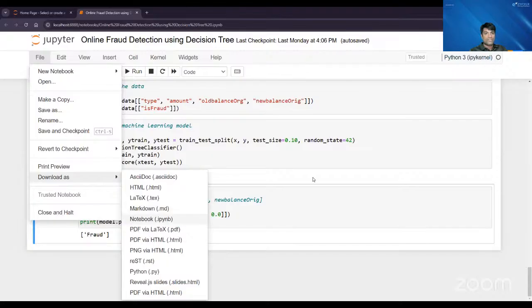Let me download this file and share it with you guys. Just give me a minute, I'll share you the link.